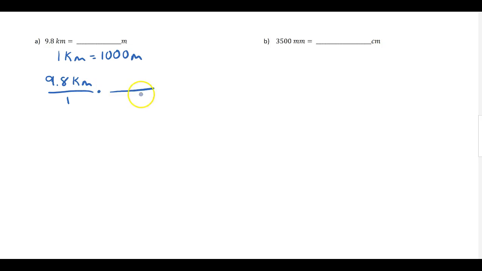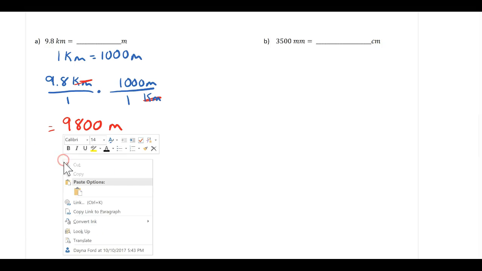And then, because kilometers is on the numerator, I put kilometers on the denominator. I'm going to cancel out my units of kilometers. 9.8 times 1,000 gives me 9,800 meters. So this is one way of doing it.